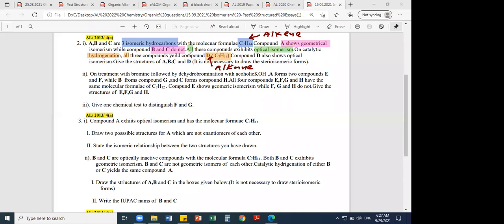and out of A, B, C, all 3 are alkenes, but only one shows geometric isomerism, and all 3 optical. What is the most important thing? All ABC optical.